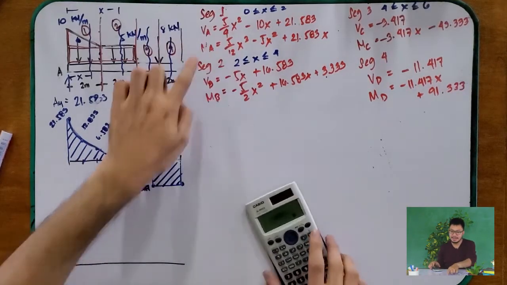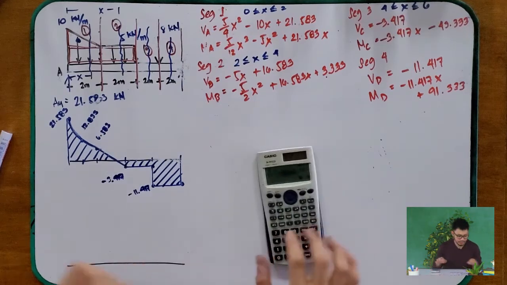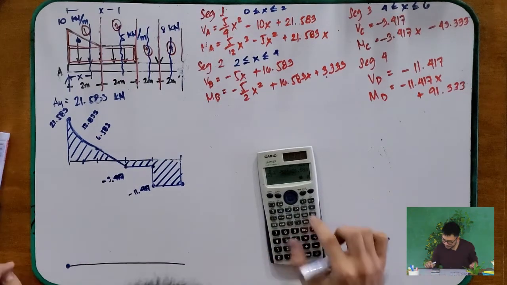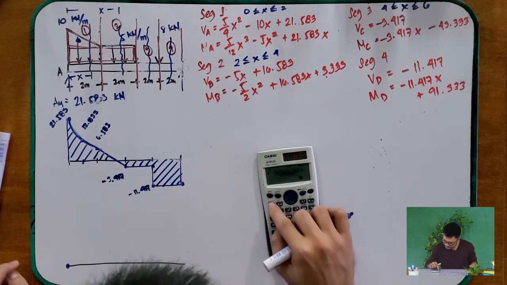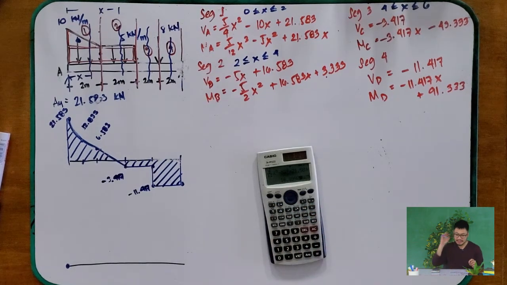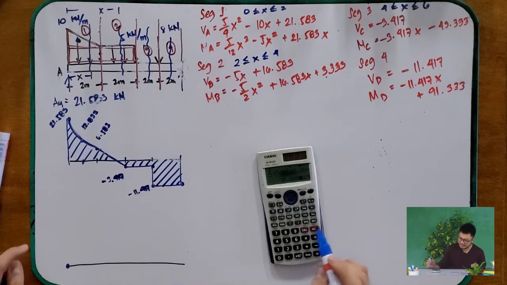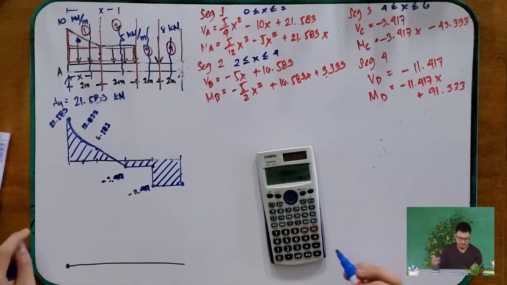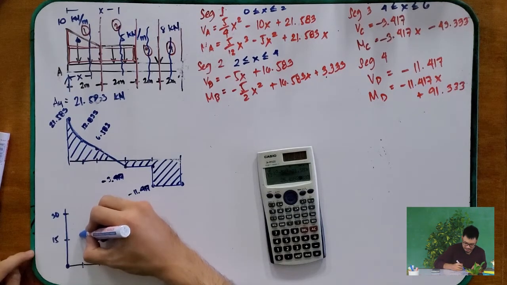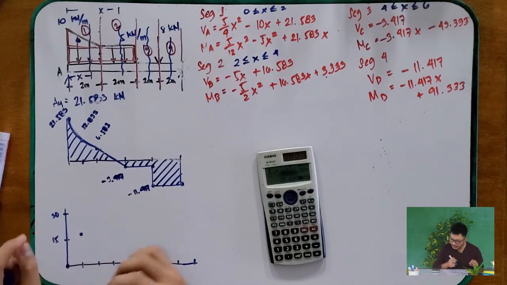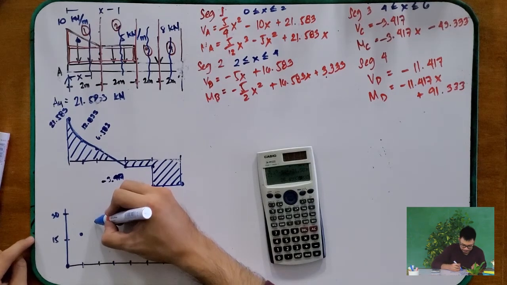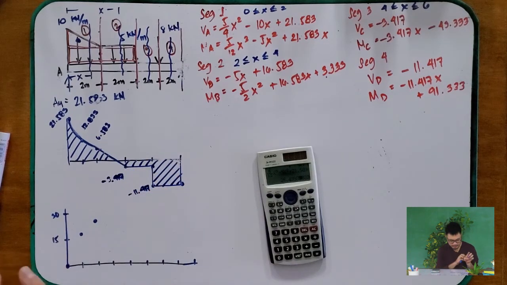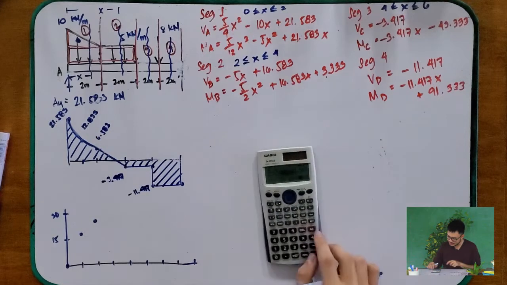What is MA if x is equal to 0? Of course, your value is 0. If x is equal to 1, the value is 16.999, so basically 17. At 2 it is 26.5. So at 0 it is 0. Proceed to the next.